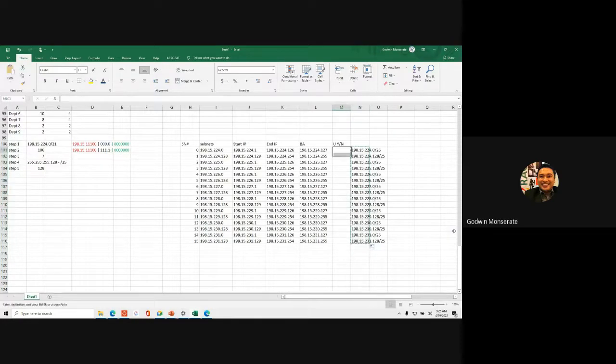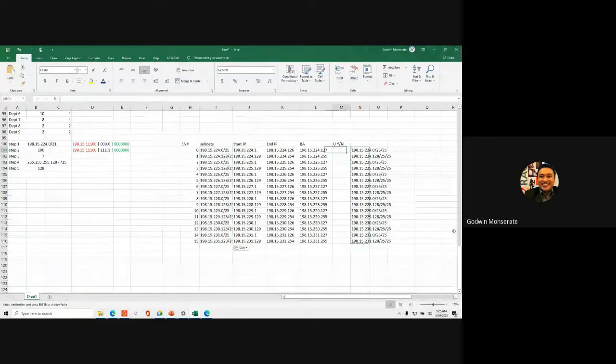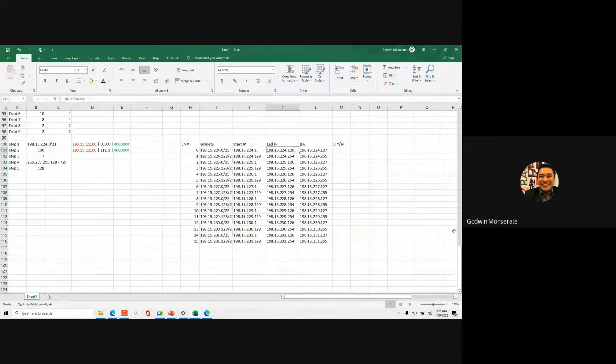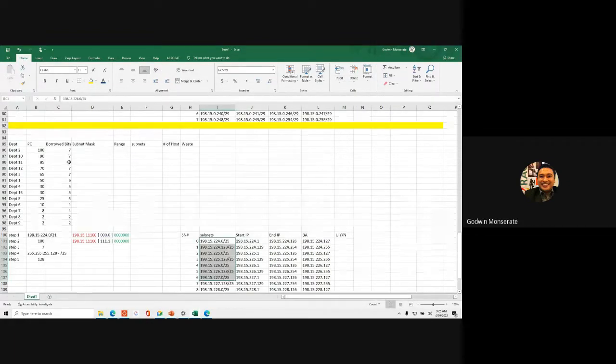Okay, copy. Paste it here. Don't forget this, class. Okay, there you are. You need to add the slash 25 to your network. So when we copy this, how many do we need? 1, 2, 3, 4, 5. So meaning 1 to 4. Copy. Then we'll paste the subnets here.